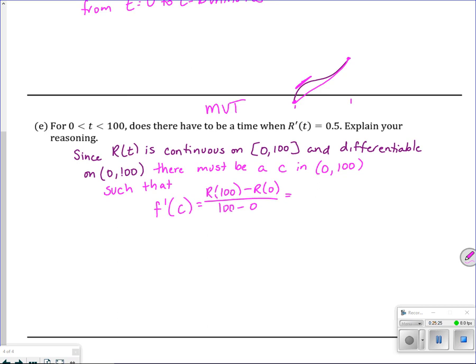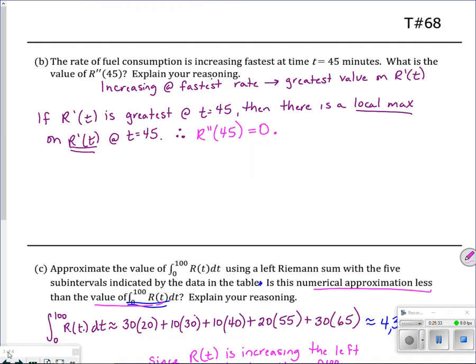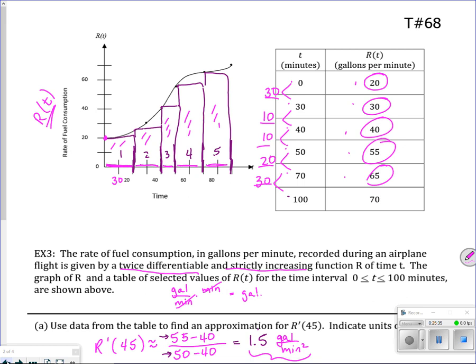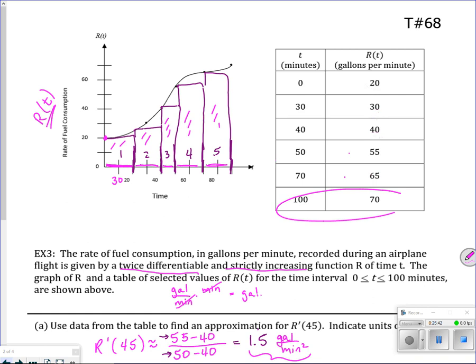Now let's see what I get for that. I'm going back to the chart. Okay, what am I looking at on this chart? Let me erase this. I'm looking at this and finding the slope. So the difference in the y's would be 70 minus 20, and the difference in the x's is, of course, 100 minus 0.